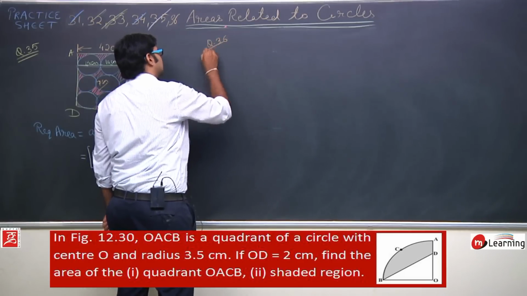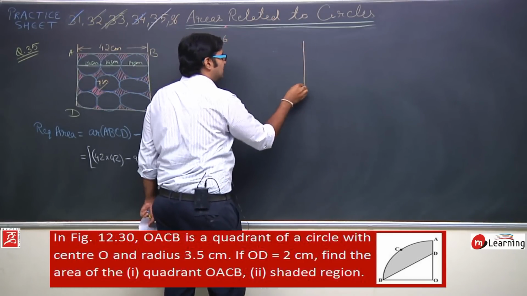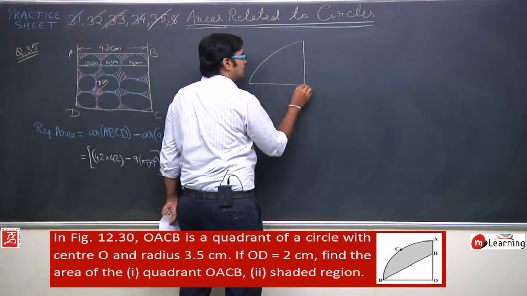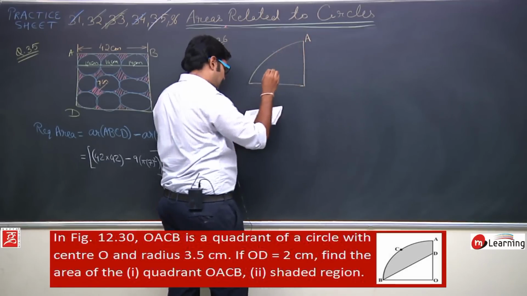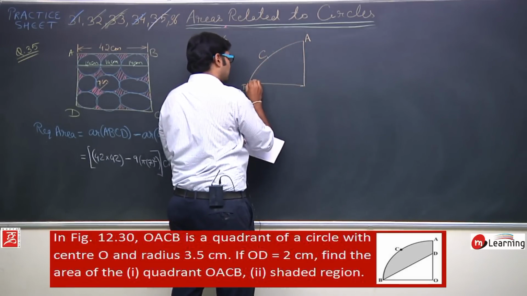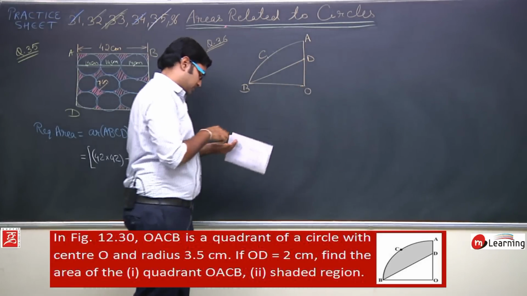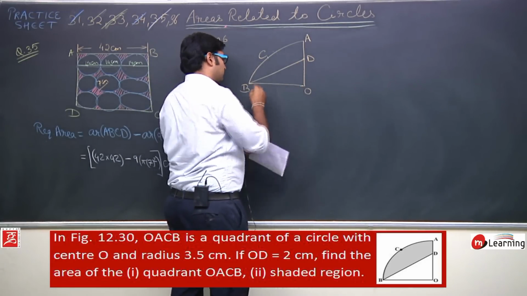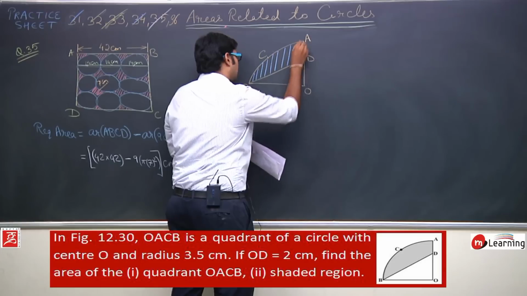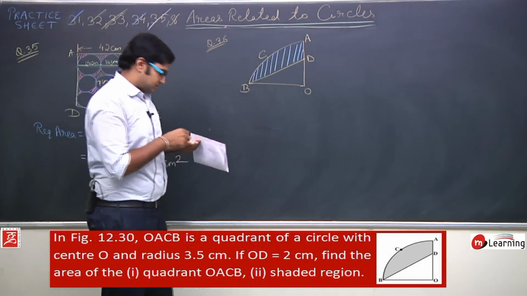So in question number 36, there is a quadrant. Quadrant means the angle between the radii is 90 degrees. So this is A, this is B, this is C, this is D, and this is O. I need to determine this area as well as the area of this quadrant.